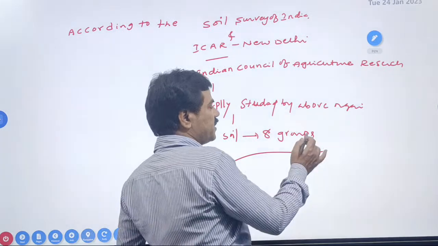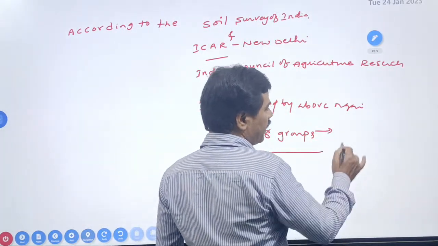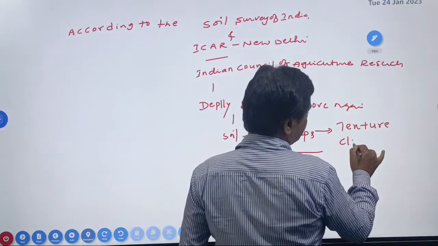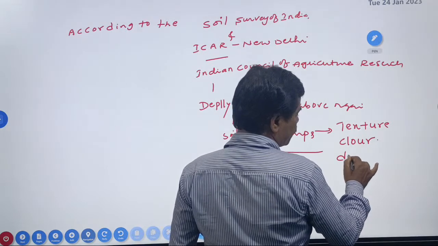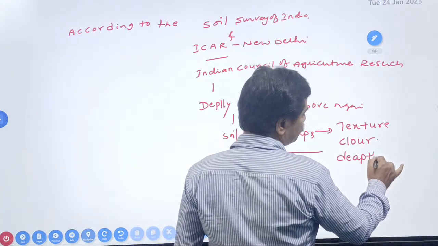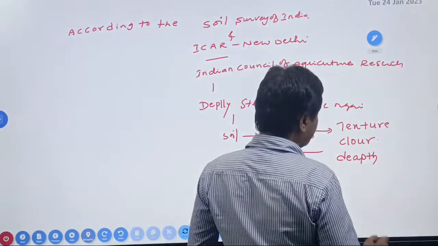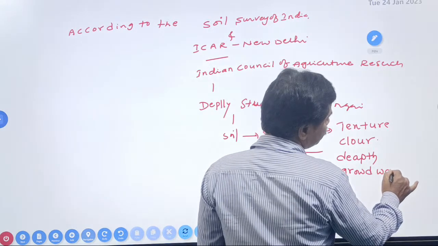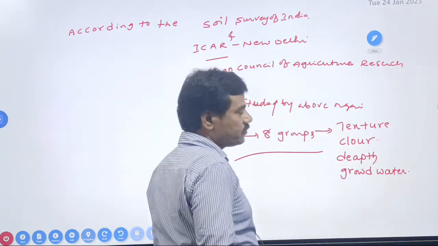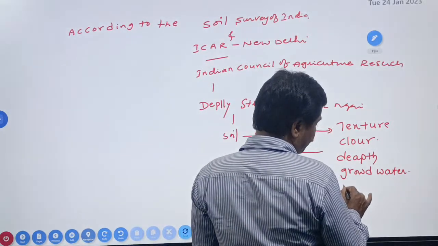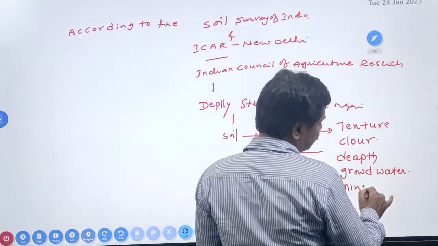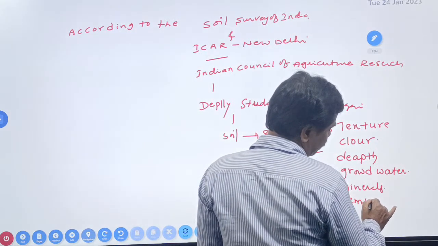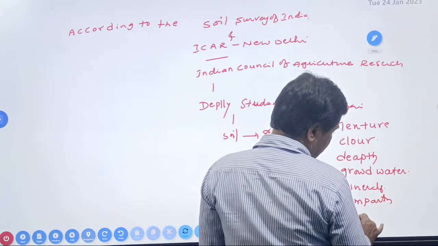These groups are majorly based on texture, color, soil depth, groundwater, minerals, temperature, and rainfall.